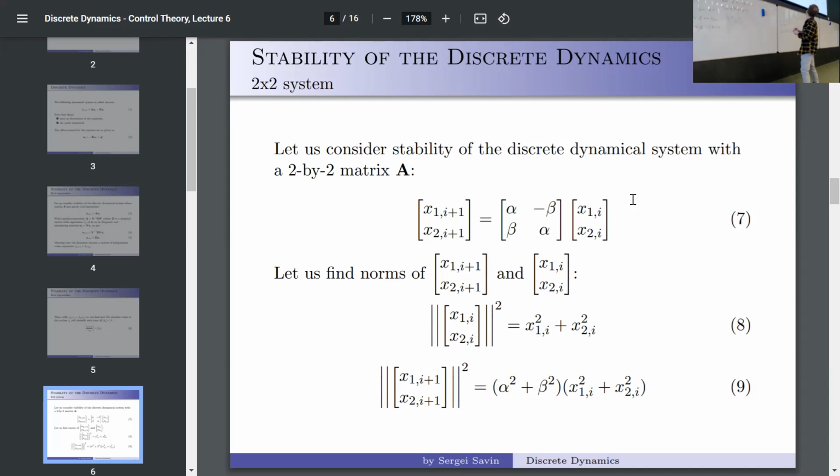Is it correct? Yes, it is correct. Now, what do I do to find the norm of this? Just square this plus square this.